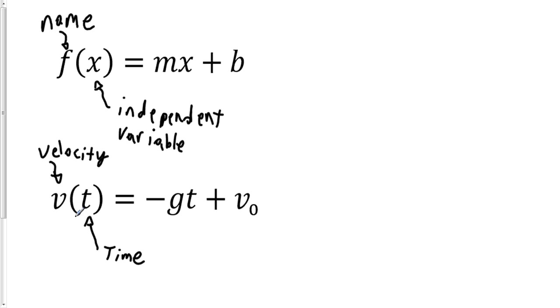And that being said, if you look at up as being positive and down as being negative, when something is falling toward the earth, its velocity would be negative, which is why there's a negative acceleration due to gravity here. And that's actually what the g is here. G is the acceleration of the object due to gravity.